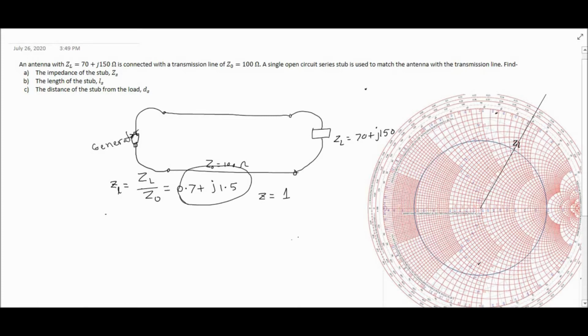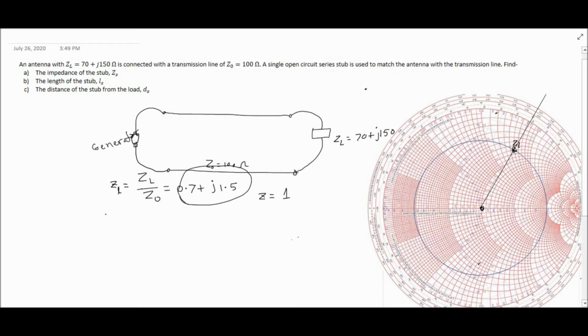So if you look at this Smith chart here, the load is located at this point, that is 0.7 plus j1.5. If you can move somehow to the center, then the system will be reflection free. We need to go to the center because the radial distance from center to the load indicates how much reflection, or how much power, will be reflected back.